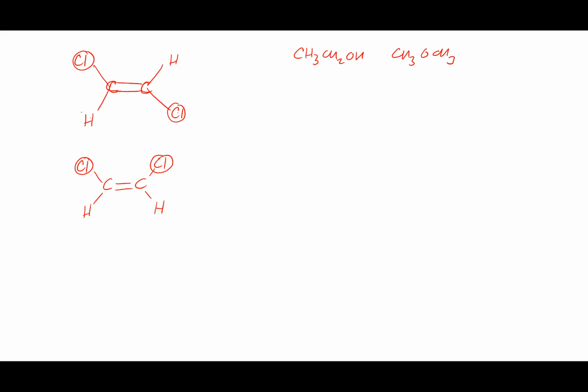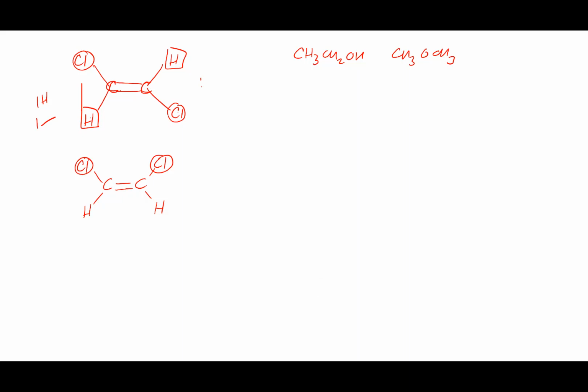Now, if you have one hydrogen and one non-hydrogen group attached to each of the two carbons in the double bond, you can use cis or trans.